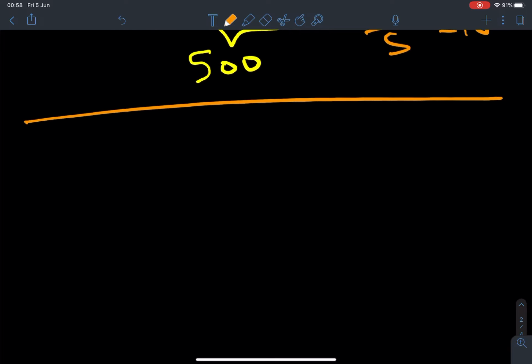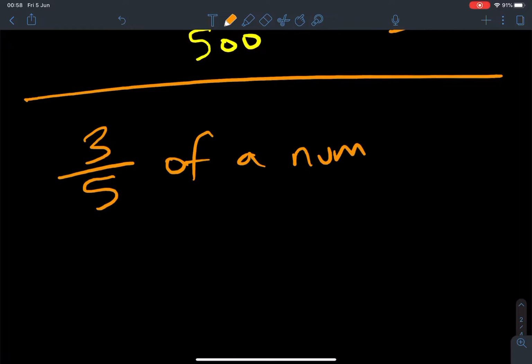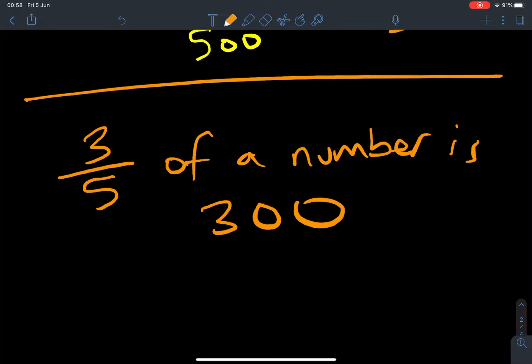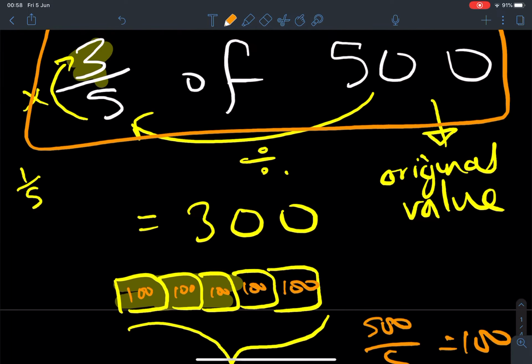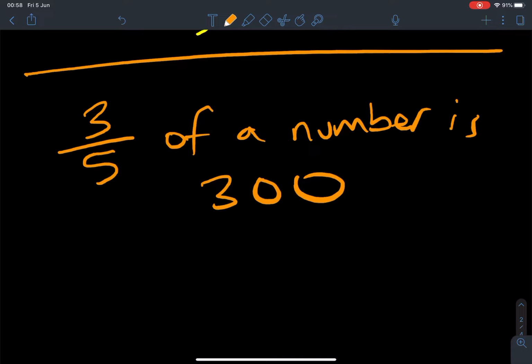For example, if I'm told that 3/5 of a number is 300. Now, what's the difference between working out 3/5 of 500 and working out 3/5 of a number which is 300?